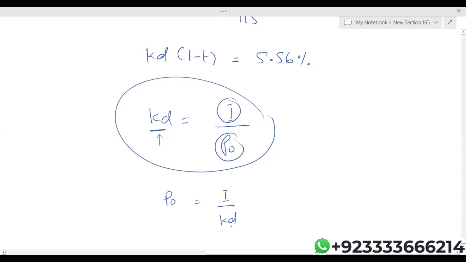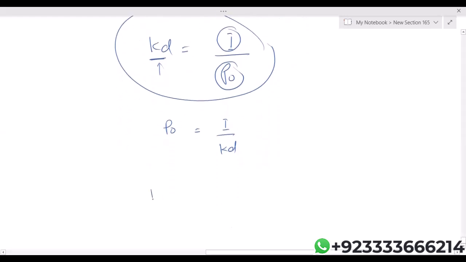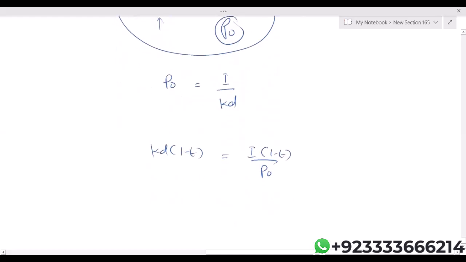Now, keep watching it. Some of the students get confused about where is 1 minus T. Let me put that also for you. Just keep watching. Now what is happening?